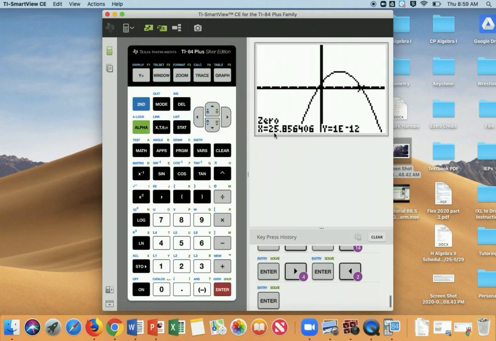So it says that is about 25.85 or 86 feet.